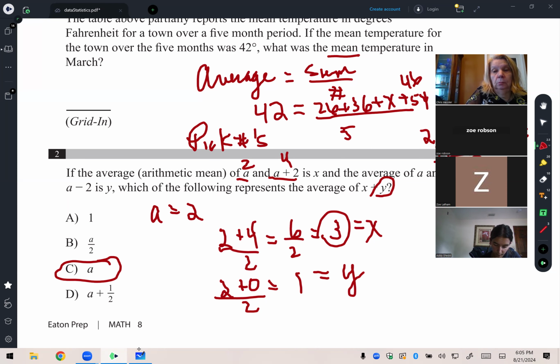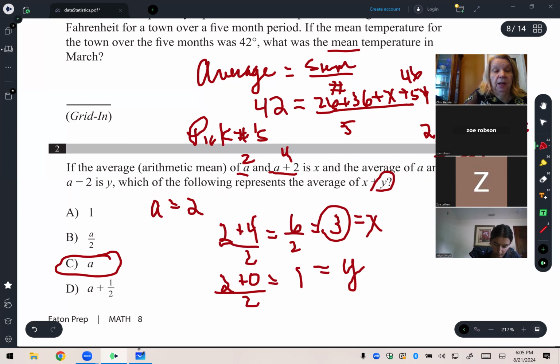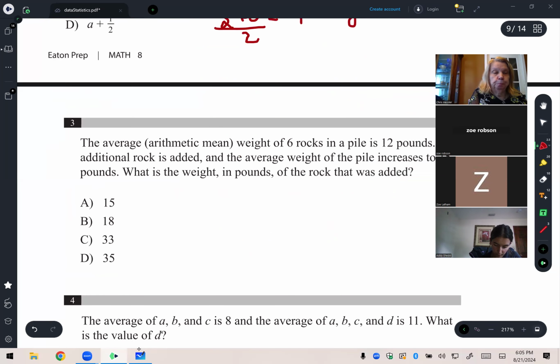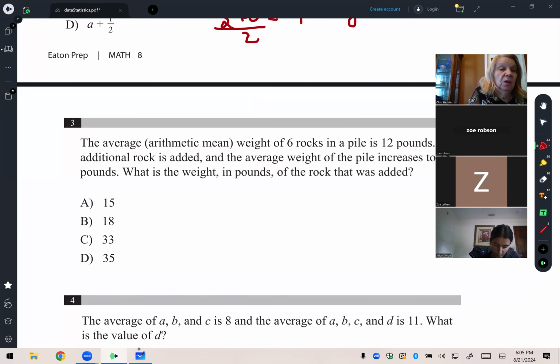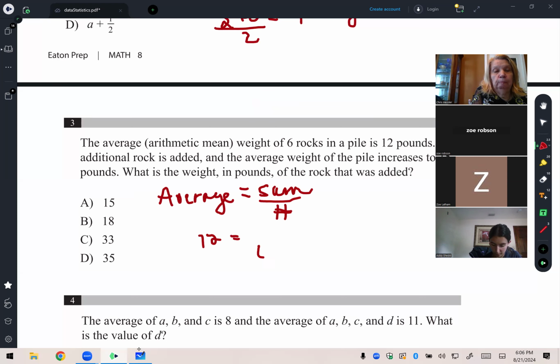Okay. So let's go on to the next page. So the average of 6 rocks is 12 pounds. So we're just going to use our average formula. So the sum of those 6 rocks has to be 72. And then we're adding another rock, so that'll be 7 rocks.